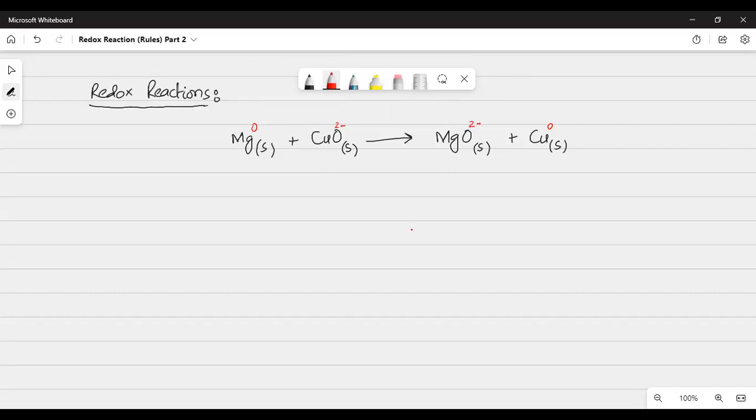Since magnesium belongs to group 2, that makes magnesium +2 over here, since here it is in a compound form, it's in a combined form. Copper is a transition element. We don't know about copper.